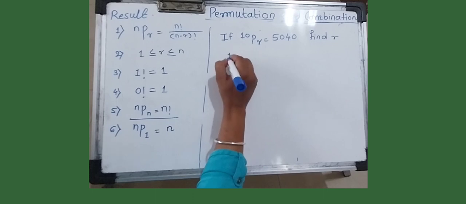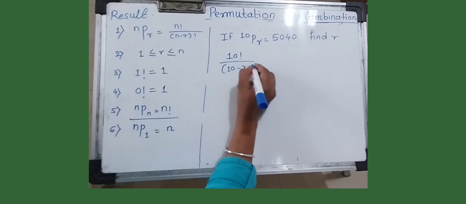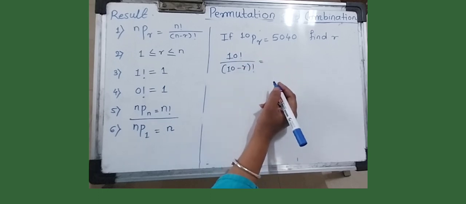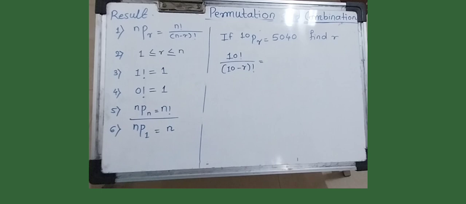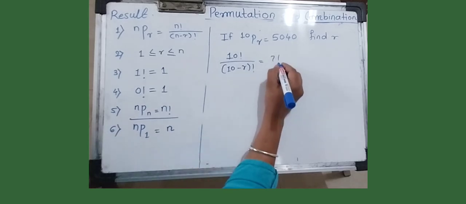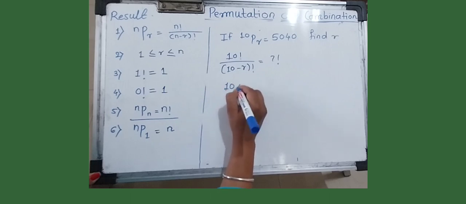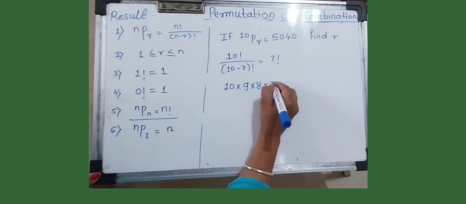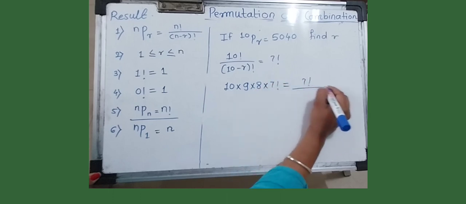Just put it in the formula: 10 factorial upon (10 minus r) factorial, and 5040 is the factorial of, see, 7. Then we write 10 into 9 into 8 into 7 factorial, and here also 7 factorial.